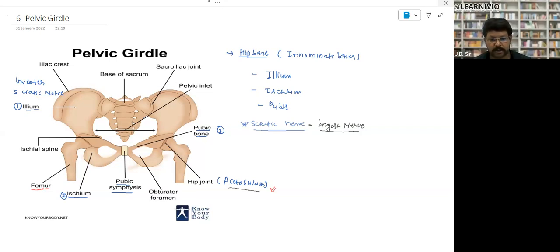Note down the name of hip bone and this fact: sciatic nerve is the longest nerve. Clear? Noted? Yes, sir. Great.